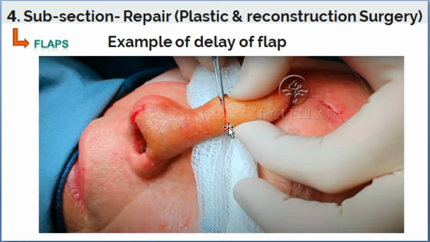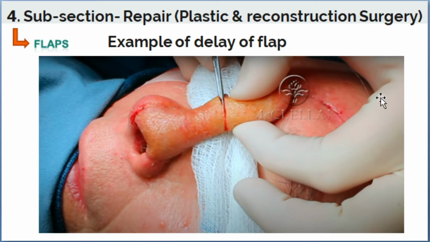So there is another example of delay of flap. You can see in the picture how this flap was created previously. The physician made an incision over the forehead and moved the healthy tissue towards the defective side, the nose, by rotating it. Then after so many days the tissue grows.